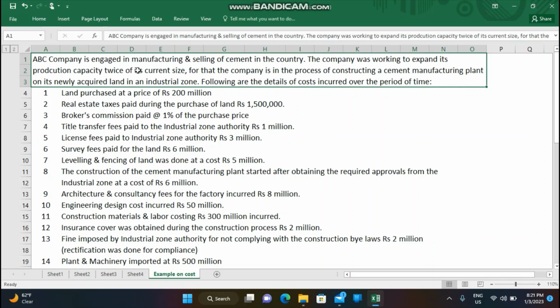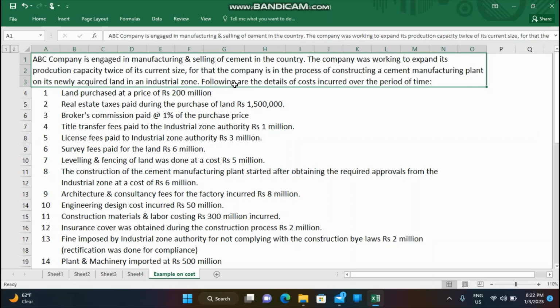ABC company is engaged in manufacturing and selling of cement in the country. The company was working to expand its production capacity to twice its current size. For that, the company is in the process of constructing a cement manufacturing plant on its newly acquired land in an industrial zone.